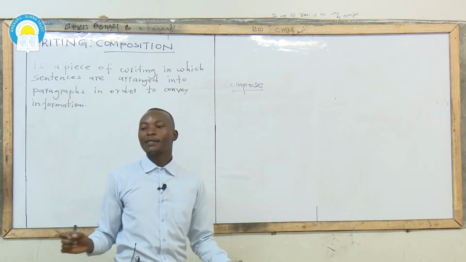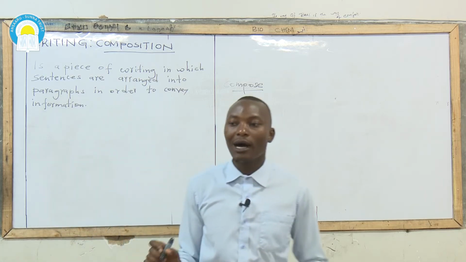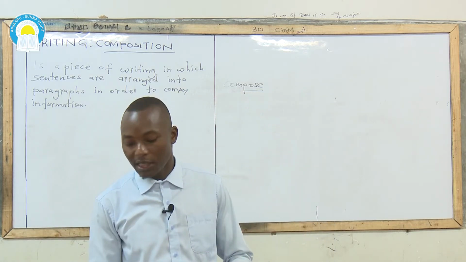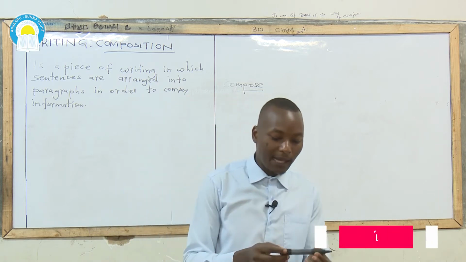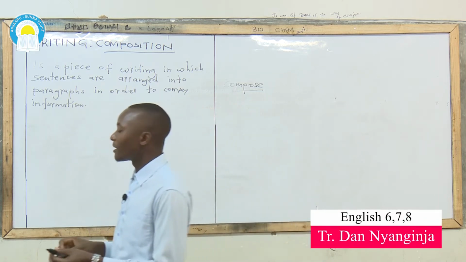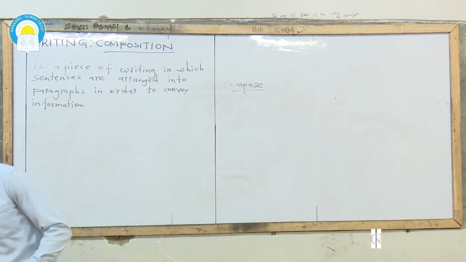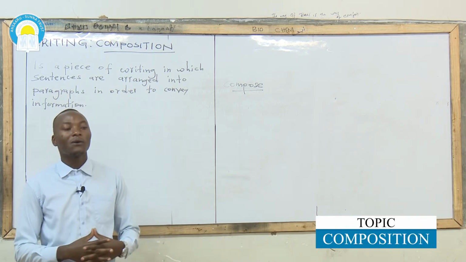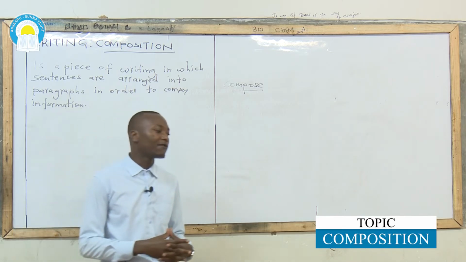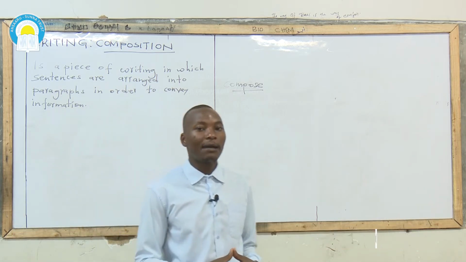So, having said that, I want us to look at the different types of composition. We have different types of composition in different levels. When talking about the primary school level and more so the senior upper classes, that is 6, 7 and 8, we have different types of composition.